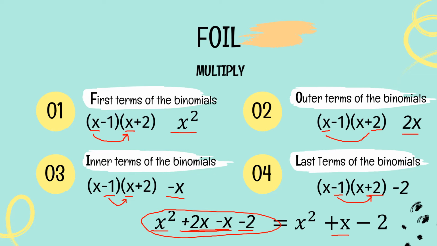After combining like terms, the product of the quantity of x minus 1 times the quantity of x plus 2 is x squared plus x minus 2. And that is how you use the FOIL method. It is that simple.